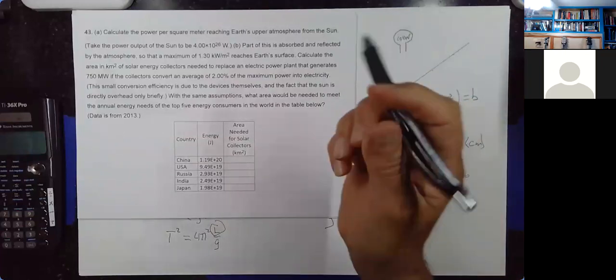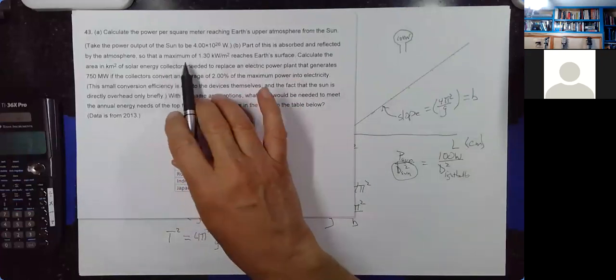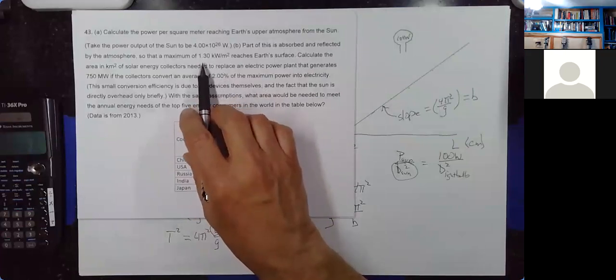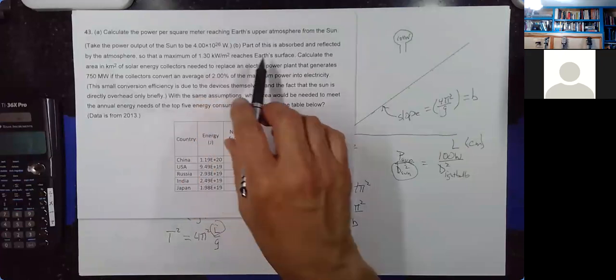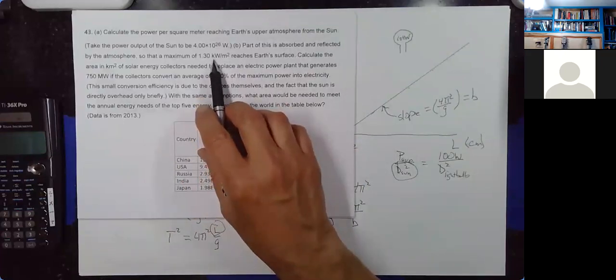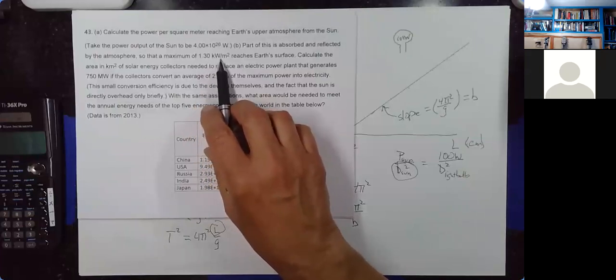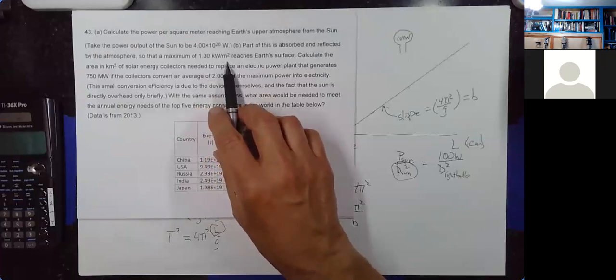But anyway, part of it's absorbed and reflected by the atmosphere, and the maximum that reaches the Earth's surface is about 1.30 kilowatts per meter squared. Now, kilo just means 1,000, so this would be 1.30 thousand watts per square meter, or 1,300 watts per square meter.